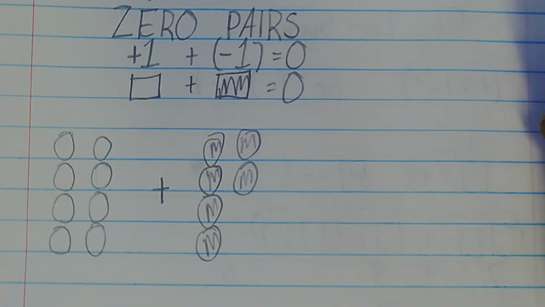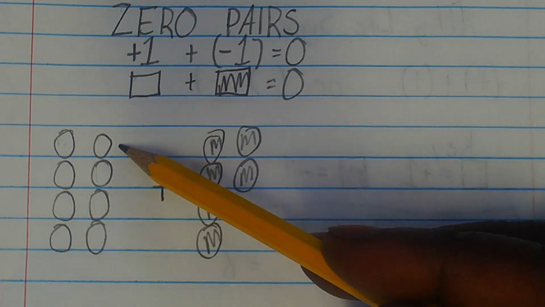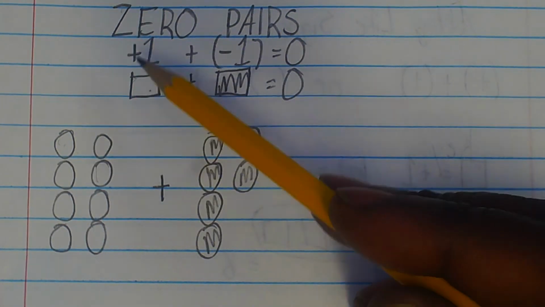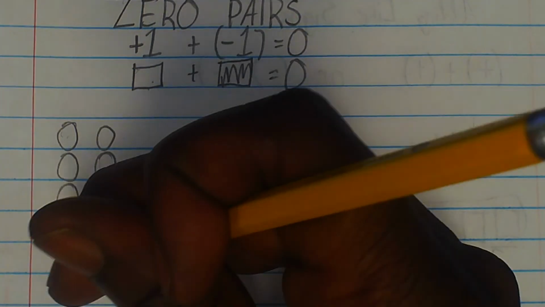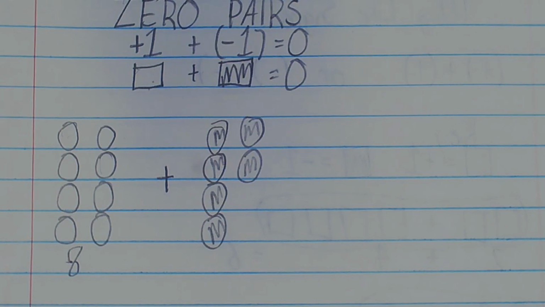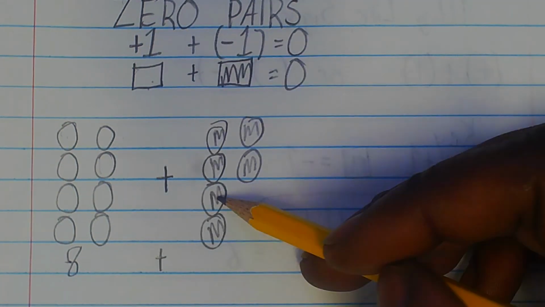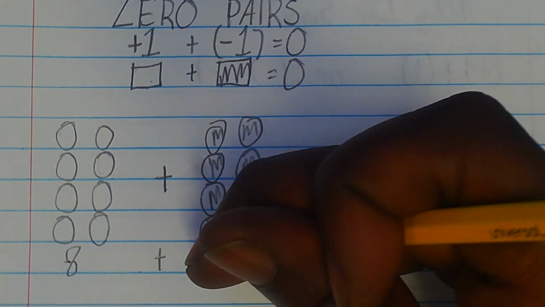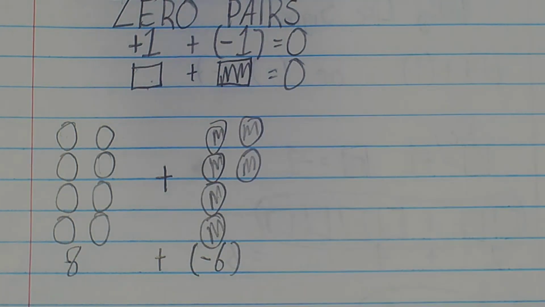Here, of course, we have unshaded counters, and each one of these represents a positive. So we have 8 positives, or positive 8. And we can just put that as 8. Plus, then we have 6 negatives, so that's a -6. And I always put my -6 inside a parenthesis.